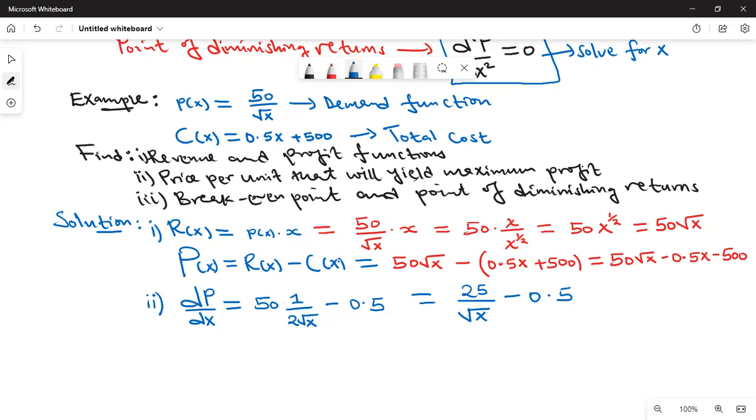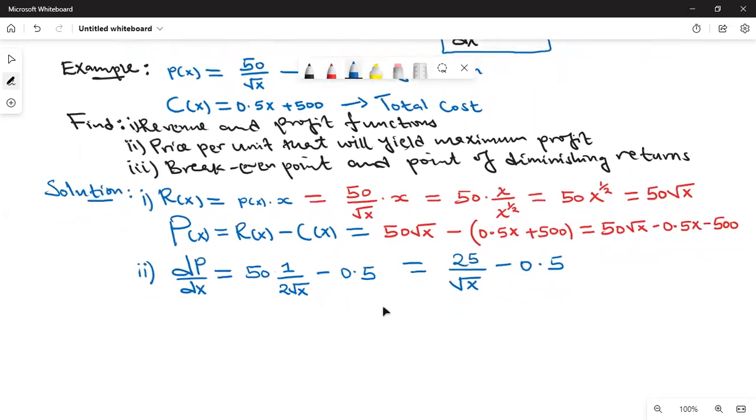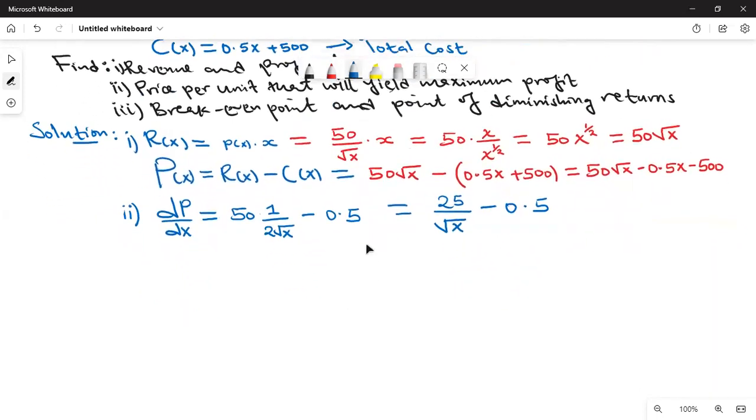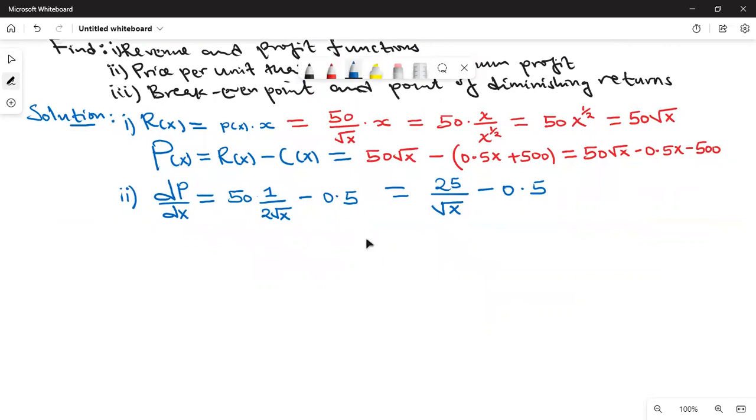Now, we said this dP/dx must be equal to 0 so that we can find the profit maximizing level of production. So equate this to 0. We are saying, therefore, 25 over root x minus 0.5 should be equal to 0.